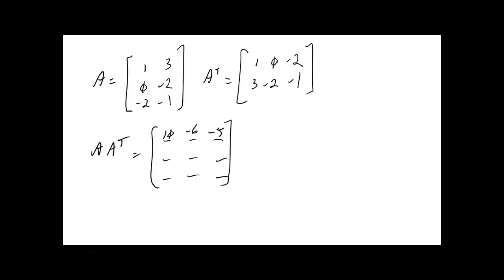Okay. 2 1 entry, -6. 2 2 entry, 4. 2 3 entry, 2. 3 1 entry, would be -5. Okay, next, 2, next, 5. Okay.